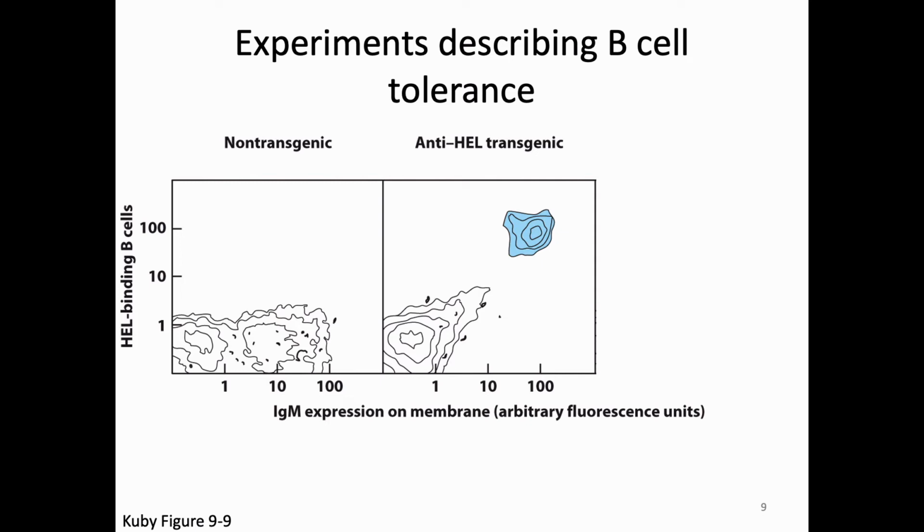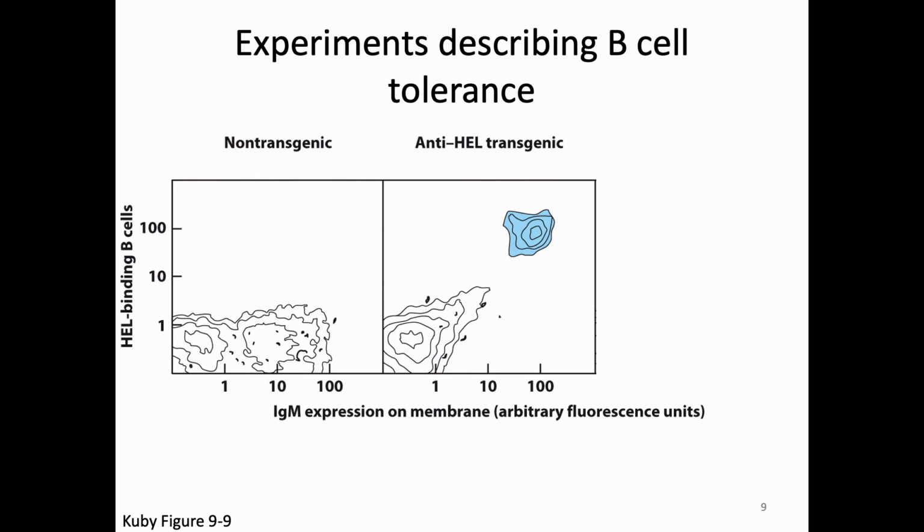So in both cases, they do B220, which is on all B cells. And then they either do heavy chain, which is IgM, or they do the ability to bind to antigen.